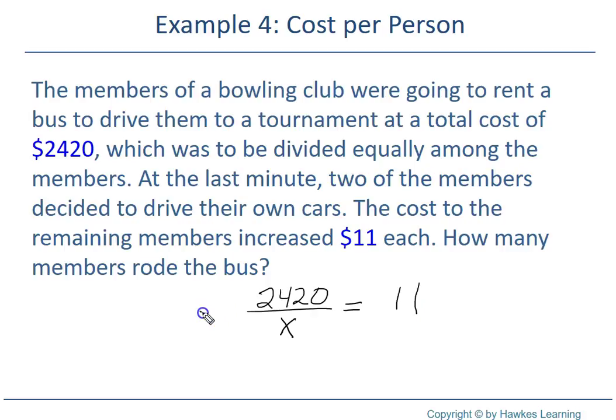Now, what's this new average cost, which is going to be higher because there are fewer members there? Well, the price of the bus stays the same. But now, instead of dividing by the larger number of members, there are going to be 2 members less.